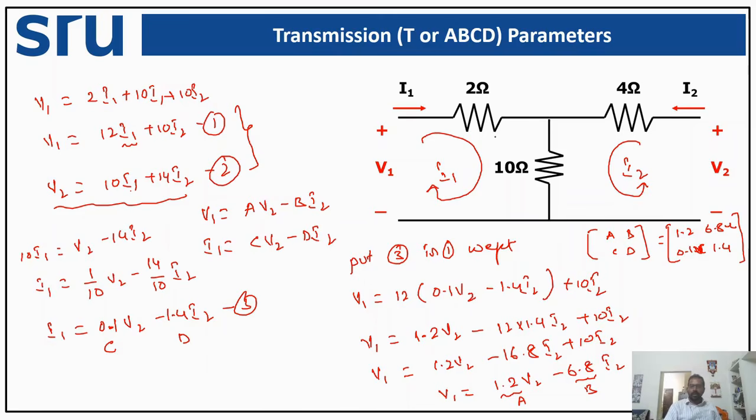If you observe carefully, the z parameters for a T network can be found very easily. So 2 plus 10, we have 12, that is our z11. And 10 is common for the first mesh and second mesh, so it is z12, equal to z21. And we have z22 as 10 plus 4, which is equal to 14.